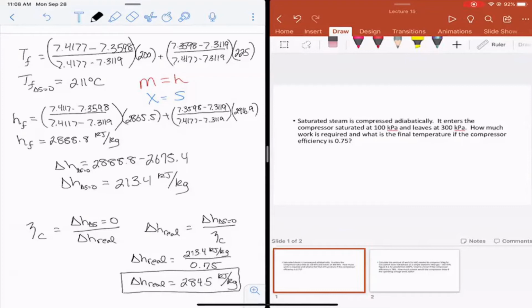So how are we going to use this new information about delta H to find the final temperature? The real final temperature. We go backwards, so we just plug it back into our equation. So we set the equation delta S equals 0 equal to 284.5 and solve for our new H final, and then from H final we can find T final. Yeah, conceptually you've almost got it there, right?